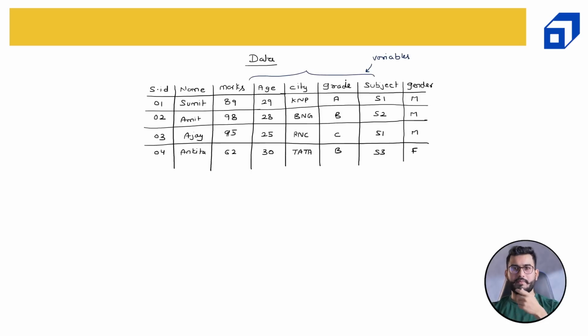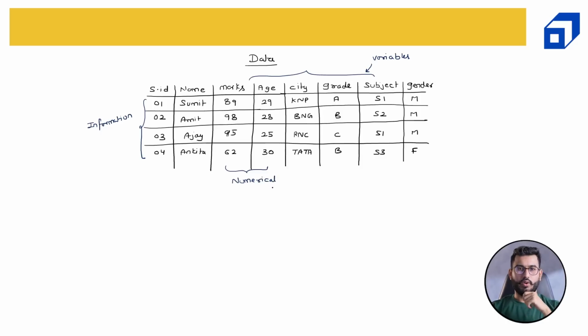So I may be using the term variables or columns, and as I have told you, each row is basically my group of information. So each row is my information. Now if I carefully observe, marks and age, these two columns are my numerical columns.